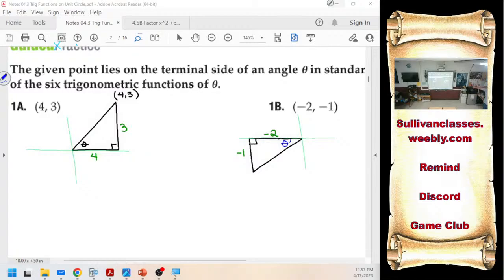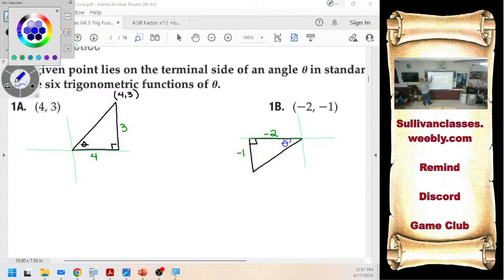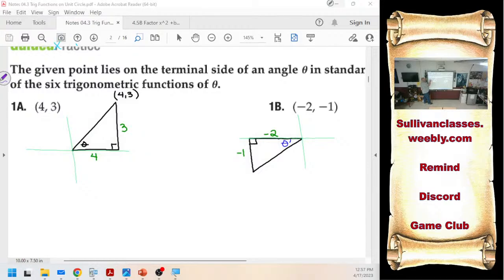Okay, are we okay with the positioning of them? I'm going to show the visual part for those that need the visual part. What I'm saying is, if I see a 4 and a 3, I can just do Pythagorean with those two numbers and say R is 5. If I see a -2 and a -1, I can say R is root of 5 by doing Pythagorean.